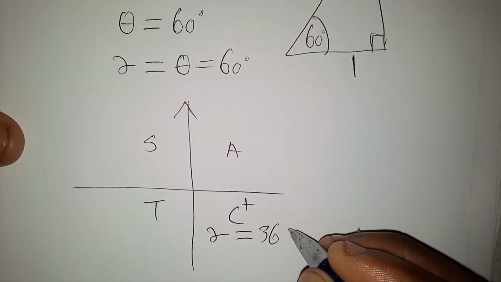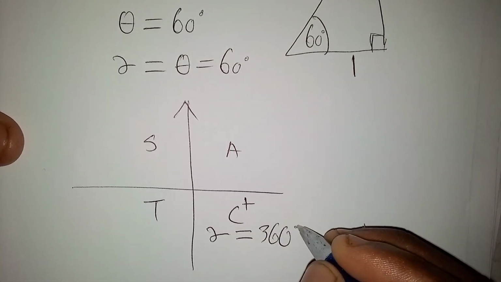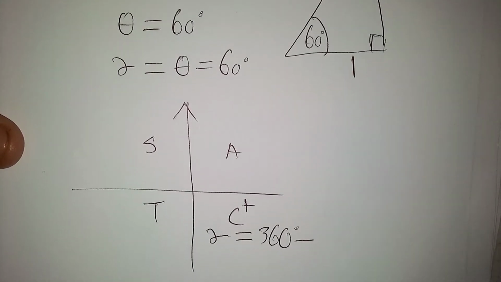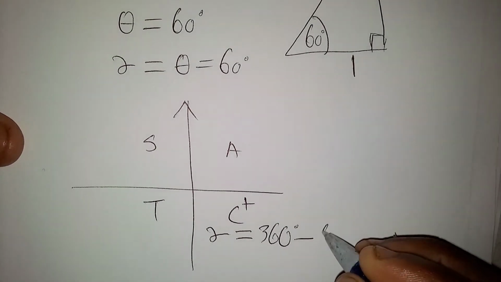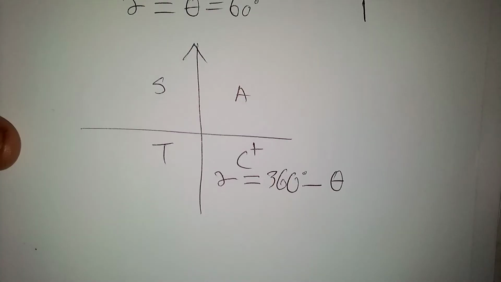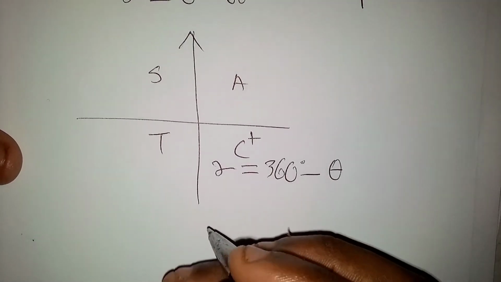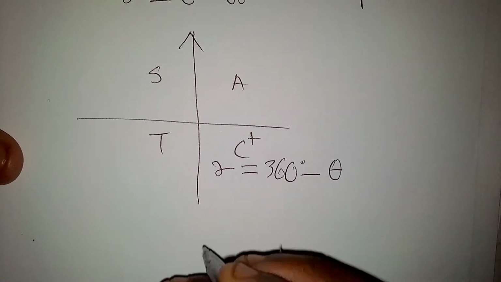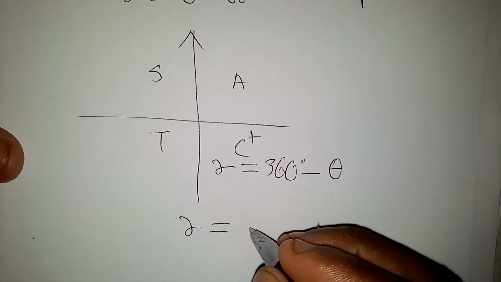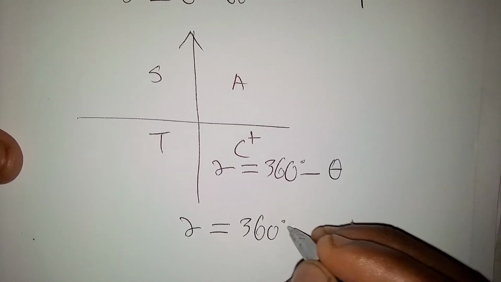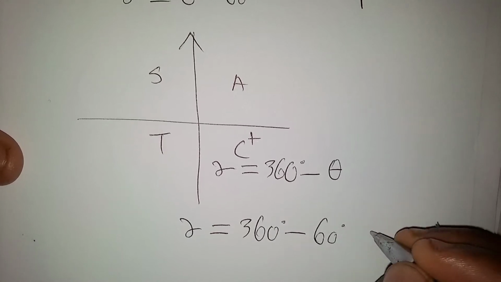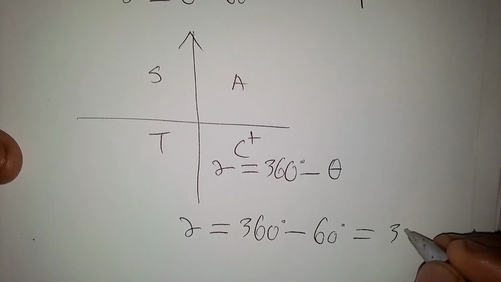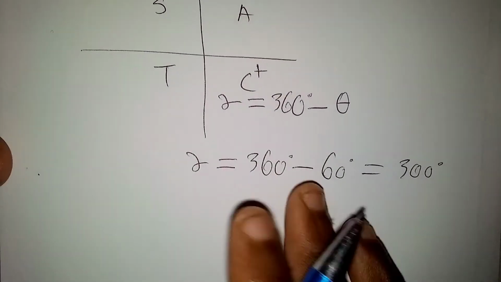In the fourth quadrant, alpha is equal to 360 degrees minus theta. Theta is 60, so the other possible solution will be alpha equal to 360 degrees minus 60 degrees, equal to 300 degrees.